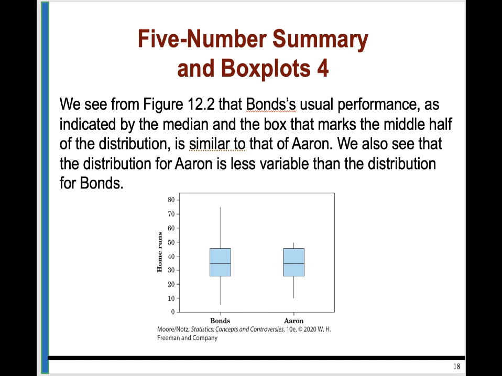Hank Aaron, on the other hand, did not have quite as much spread from that minimum to Q1 and from Q3 to that maximum. So we can here describe visually a comparison between what's typical for Barry Bonds and what's typical for Hank Aaron.